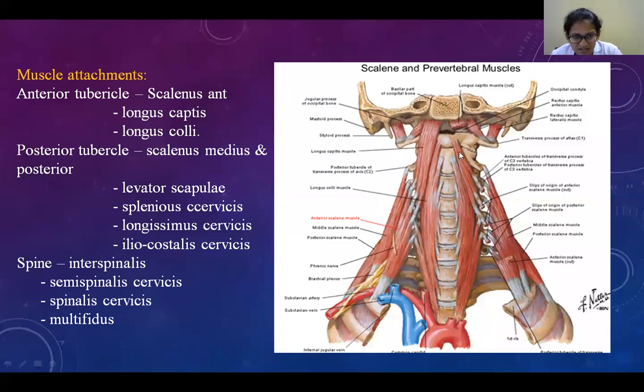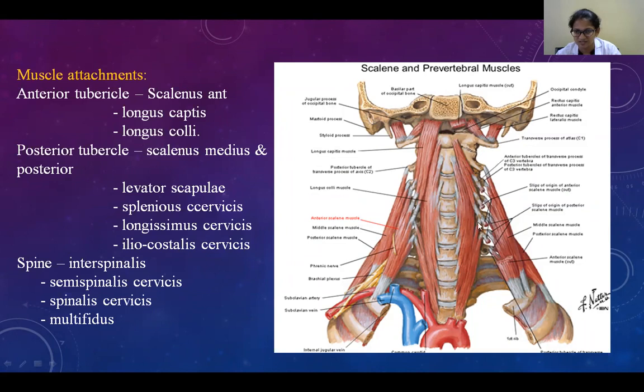And next, this is the longus capitis muscle. Whereas this is the longus colli muscle, with its oblique part and its vertical part. All these muscles take origin from the anterior tubercle: scalenus anterior, longus capitis, and longus colli.